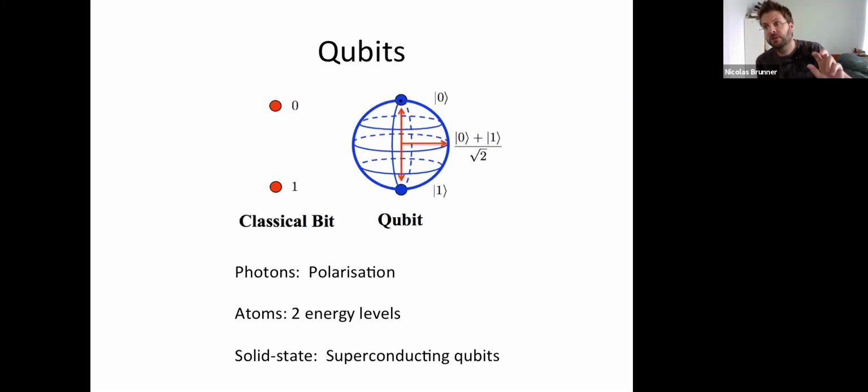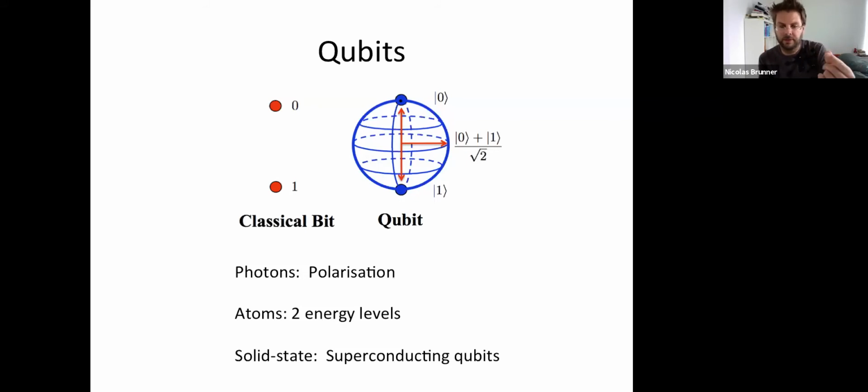So what you could do is map the quantum information carried by photons to atoms, or more generally to solid state systems. And atoms, for instance, do not travel at the speed of light.